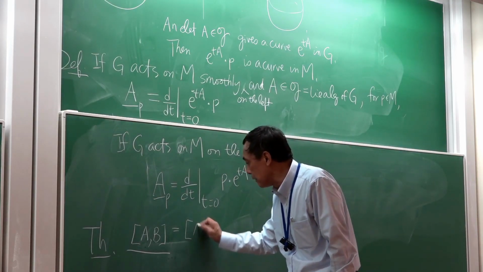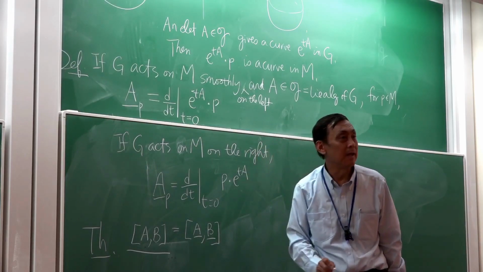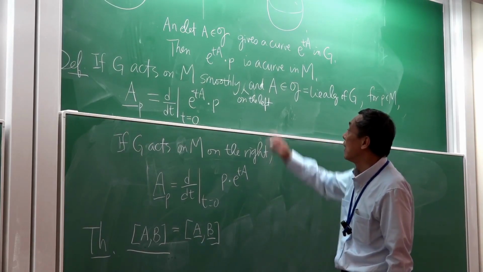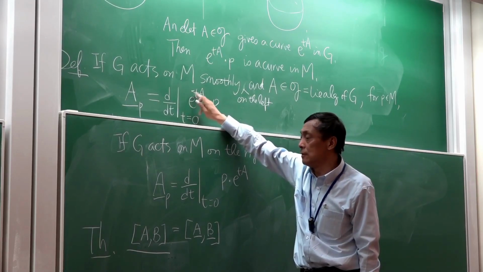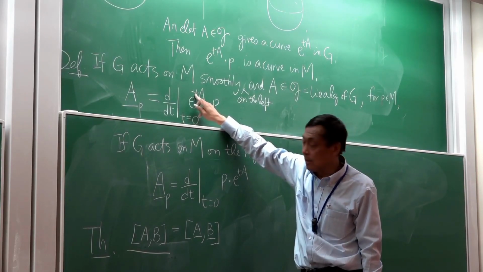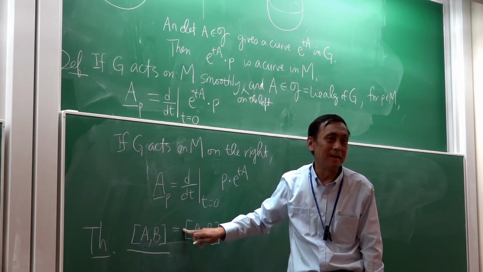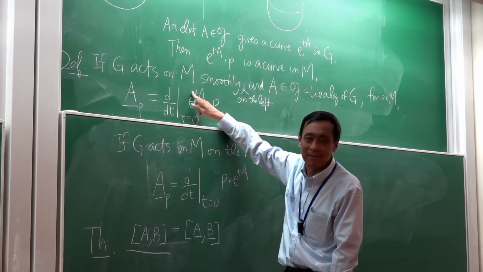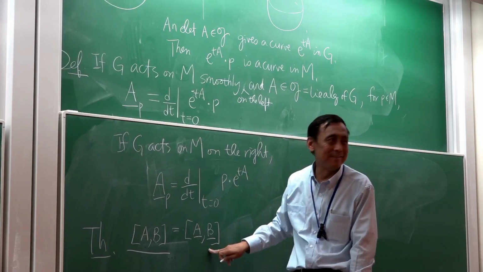So this is equal to A bar bracket B bar. If in this definition you don't have a minus sign, then there will be a minus sign here. So you want to put the minus sign there and not here, in order to get this.